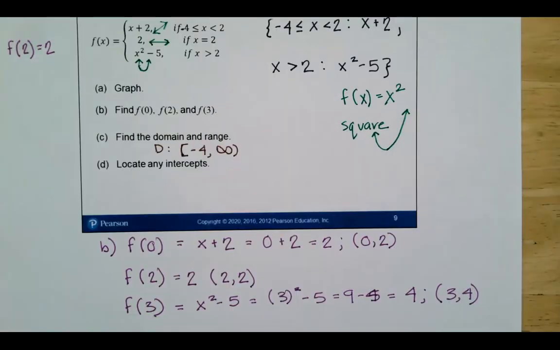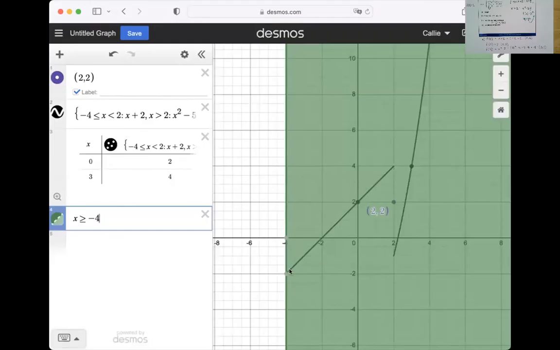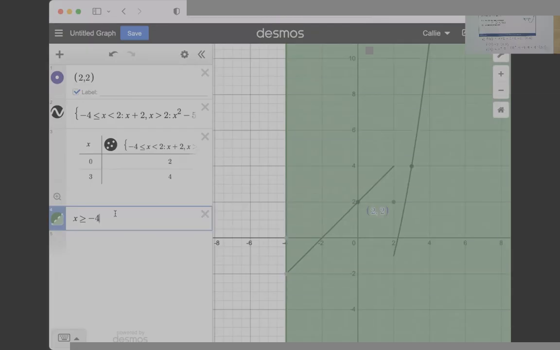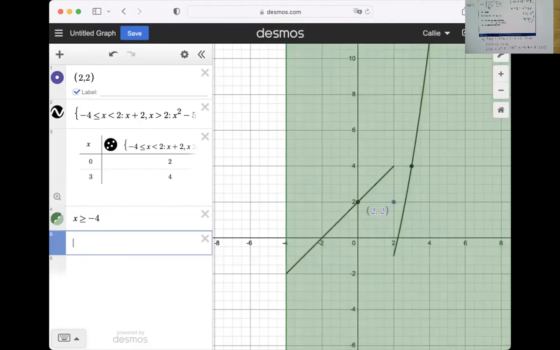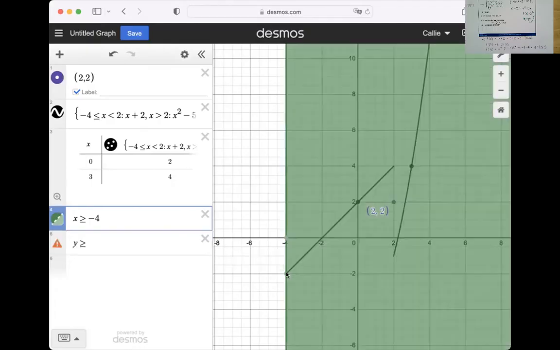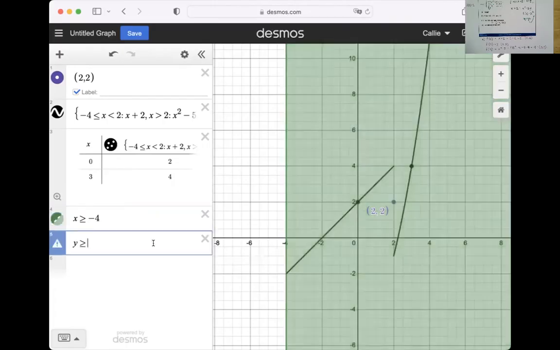Let's look at our range. Our range is from this point up, right? Y is greater than or equal to -2.